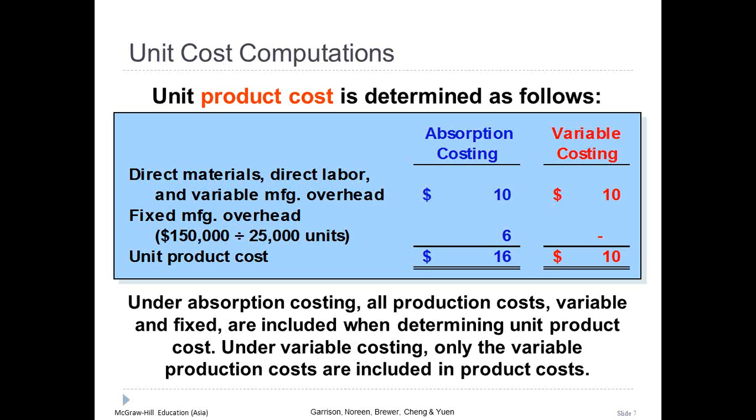So the unit product cost under absorption costing, you can see here, includes the fixed manufacturing overhead, and because of that it has a higher unit product cost. So under absorption costing, all production costs, variable and fixed, are included when determining the unit product cost. Under variable costing, only the variable production costs are included in product costs. Quite a difference.